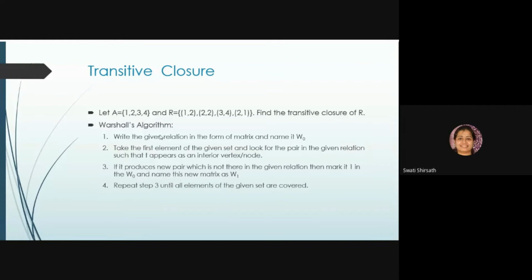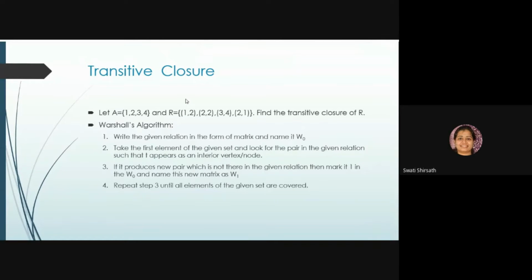You know how to write a matrix for a given relation, and you name it W0 because it is the very initial or given matrix for which we have to find the transitive closure.